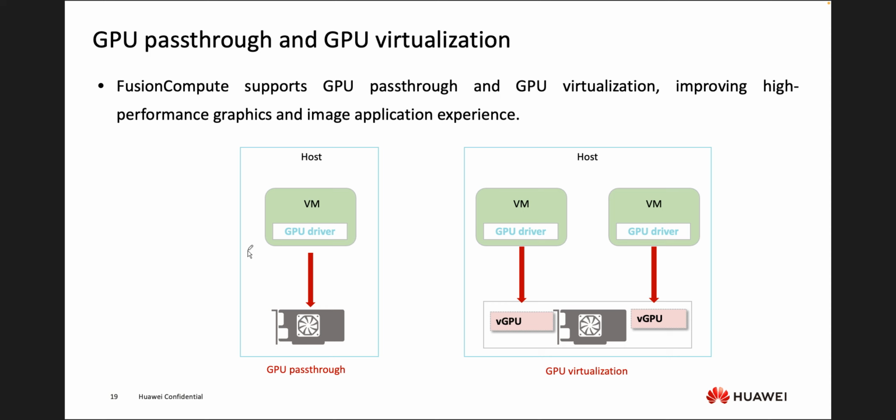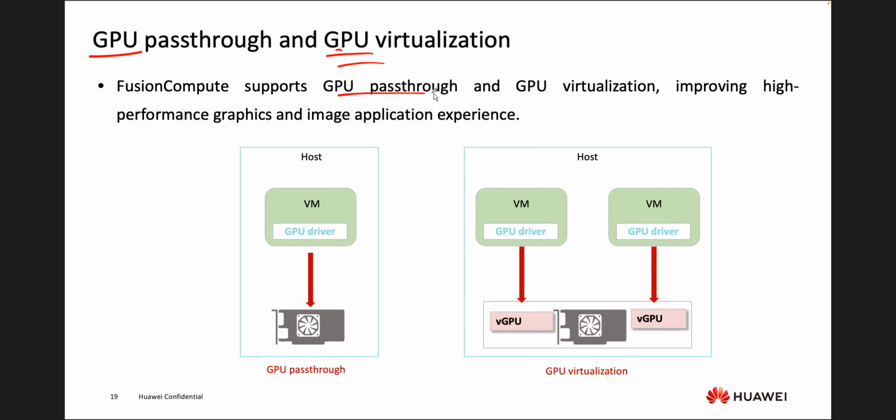So when we look at GPU, GPU stands for graphics processing unit. So this is your graphics driver if you need to do any machine learning, AI training, and many other things that you might need it for. So GPU and GPU virtualization is a feature that's also available to Fusion Compute.